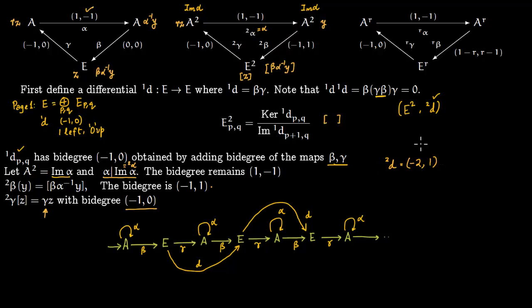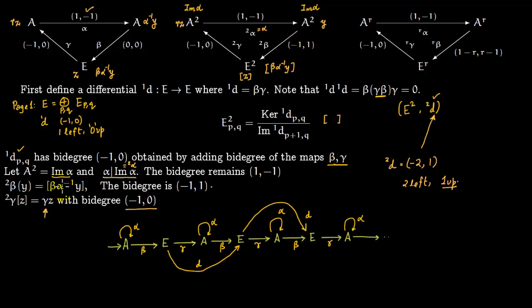This is the degree on page 2, and it comes from these two maps, gamma and beta, and you can see these two maps in turn come from the long exact sequence maps. So this (-2, 1) means what? It means 2 left, 1 up.